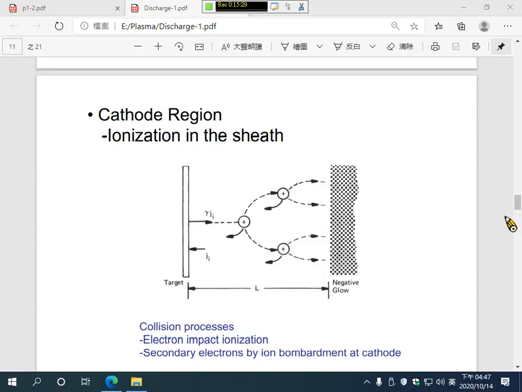In the previous chapter, we used d sub c to describe this region, the cathode layer thickness.